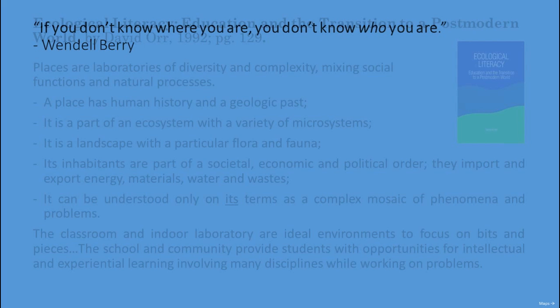So your location is part of a natural landscape with other living things around you, and you're also part of a location that has other humans around you, and all of you are connected with these various systems. Some are mentioned here: societal, economic, political. You and the homes around you, or if you're at the school, you and the buildings around you all have drinking water coming in and wastewater going out.